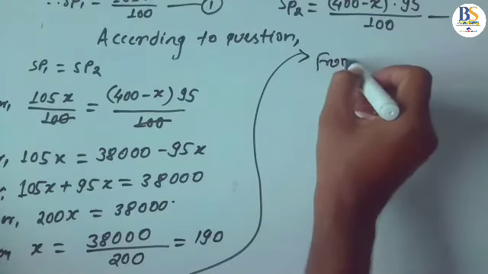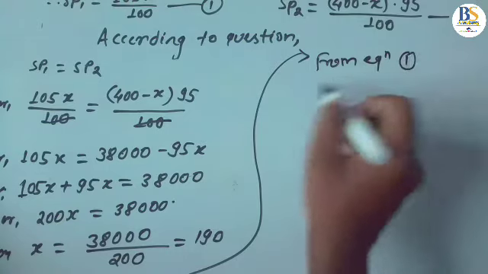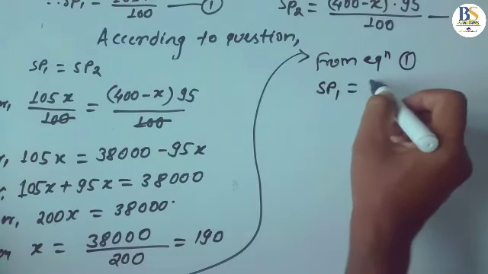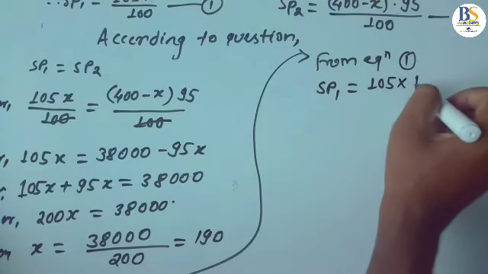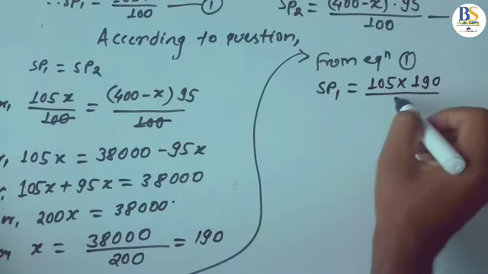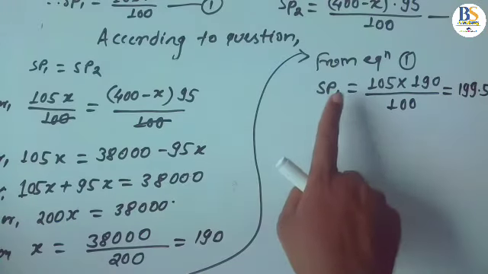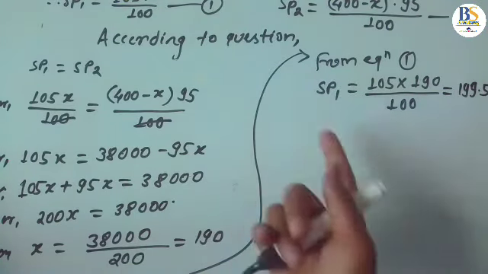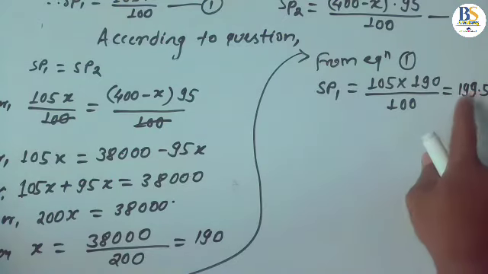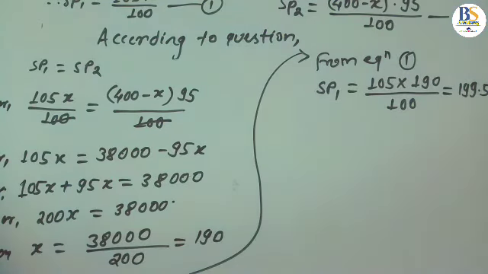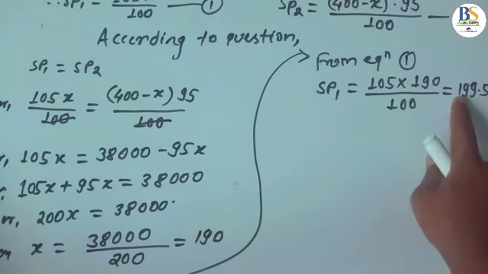From equation 1, we can find SP1: 105 times 190, the value of X, divided by 100. This equals 199.5. According to the question, the SP of both watches is the same. SP of one watch is 199.5 and SP of the next watch is also 199.5.